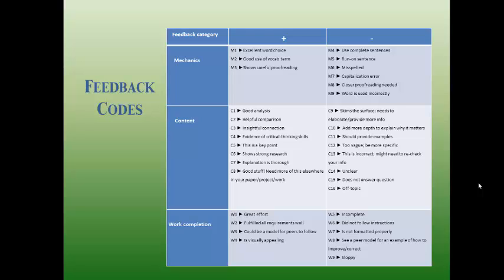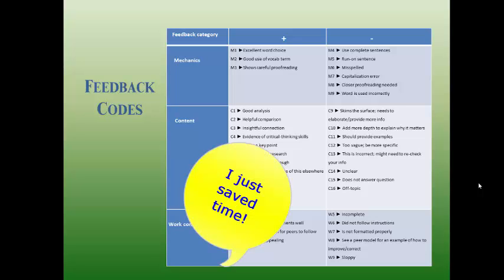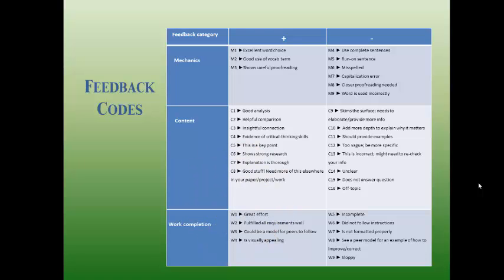We want to identify it, make sure the students know that that's the type of thing they should be doing. C7. Maybe they are too general in their response. Maybe they say that the colonists went through a lot of changes. Well, that's true, of course, but far too vague to do anybody much good, so we write C12.